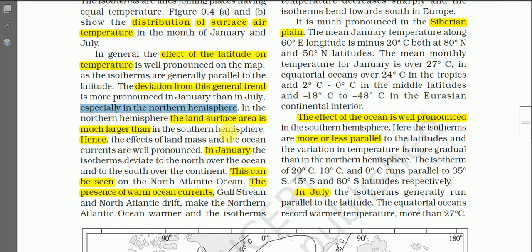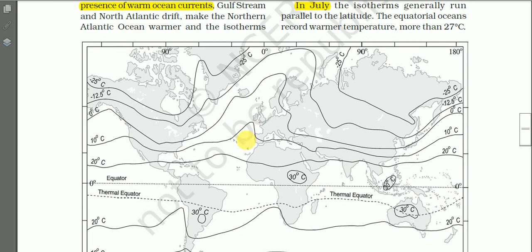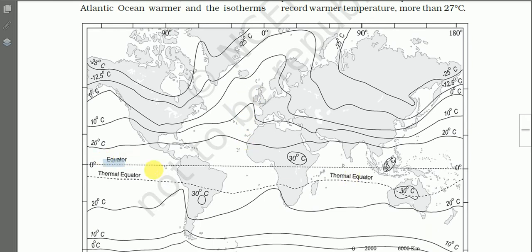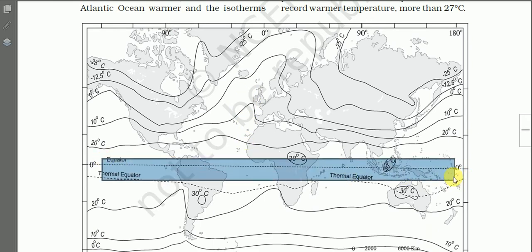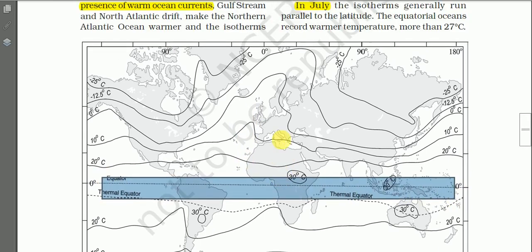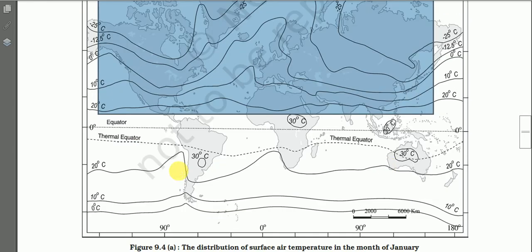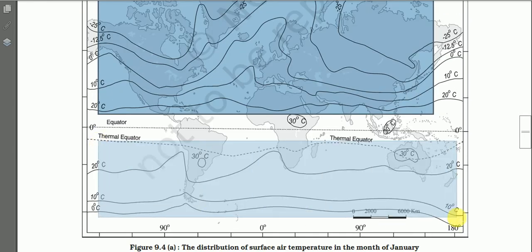Why is it so? Let us see. In the northern hemisphere, the land surface area is much larger than in the southern hemisphere. If you see here, this is the equator, this is the northern hemisphere, and here is the southern hemisphere.